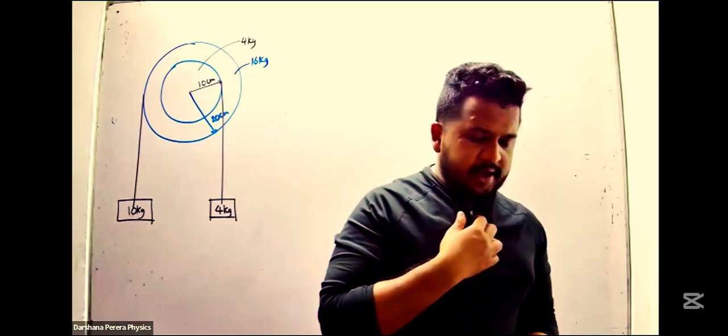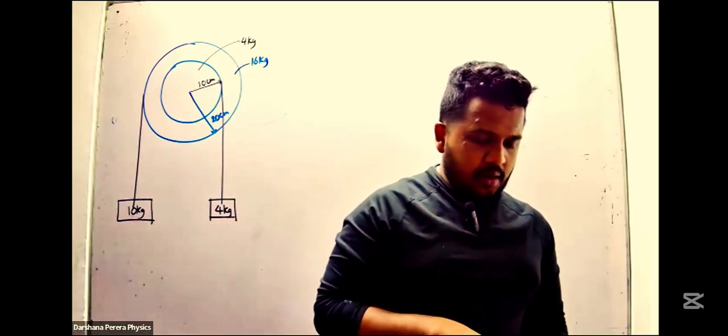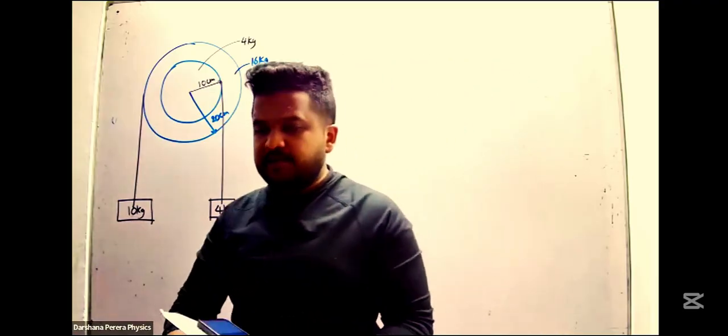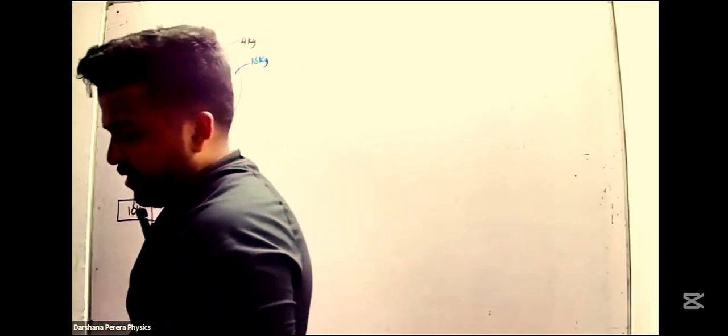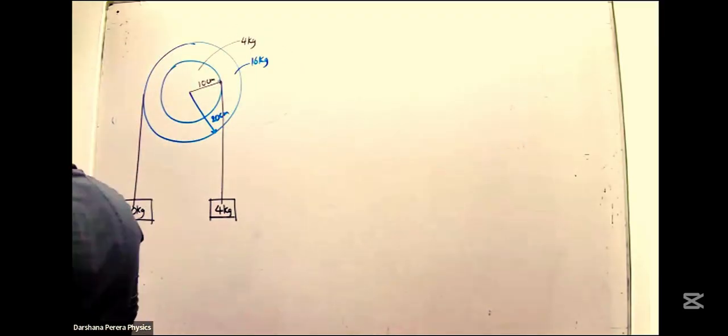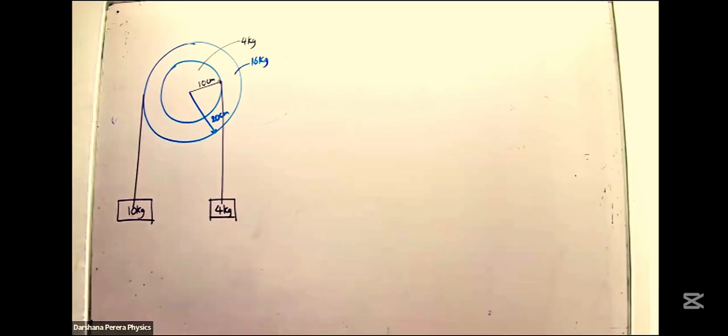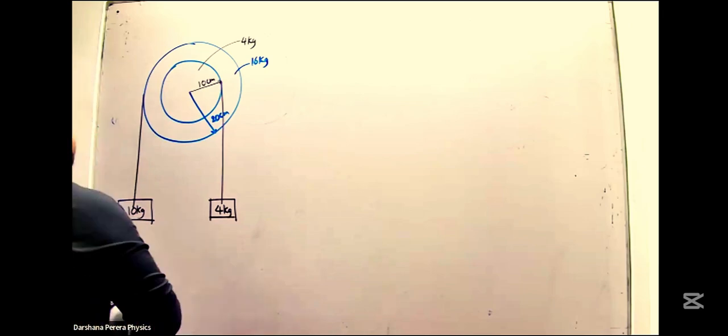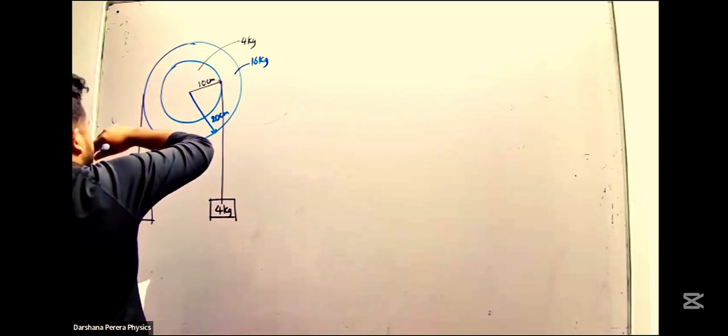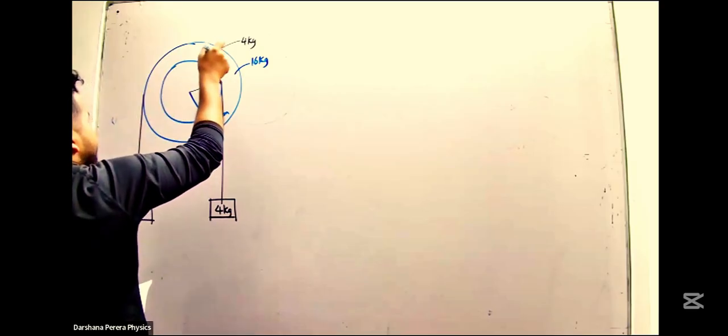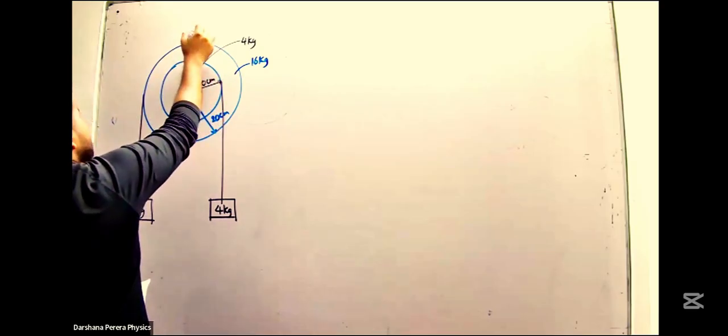if the angular acceleration of the cylinder system is alpha. That means the angular acceleration of the cylinder is alpha. What is the direction of rotation?